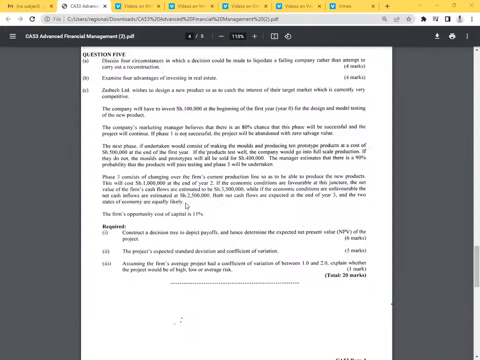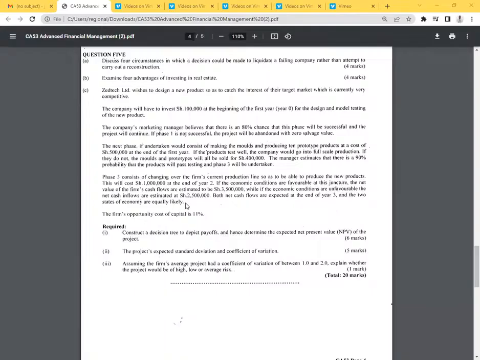The next phase, if undertaken, would consist of making the molds and producing 10 prototype products at a cost at the end of the first year. If the product tests well, the company would go into full-scale production. If not, the molds and prototypes will all be sold for 400.